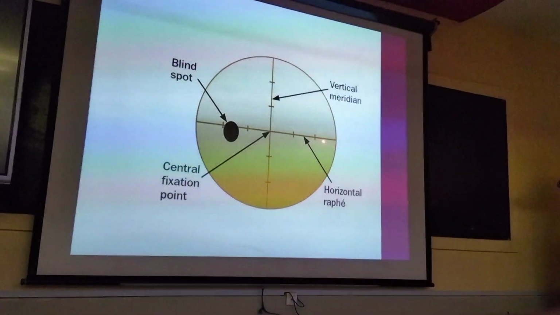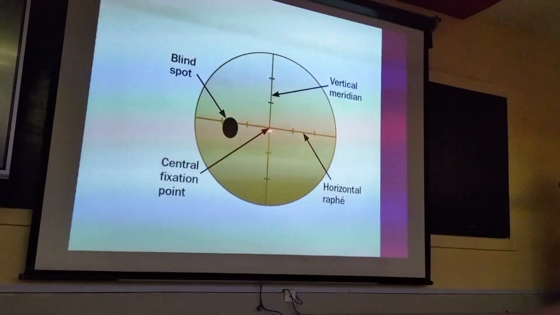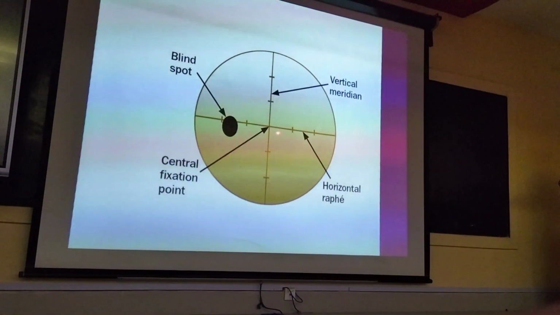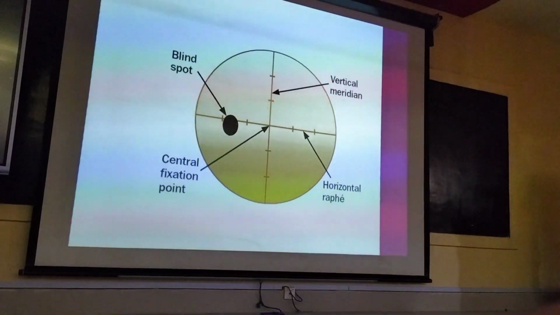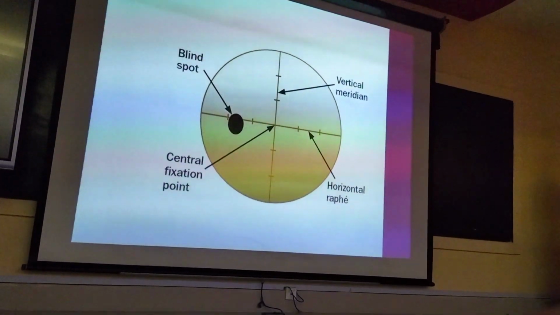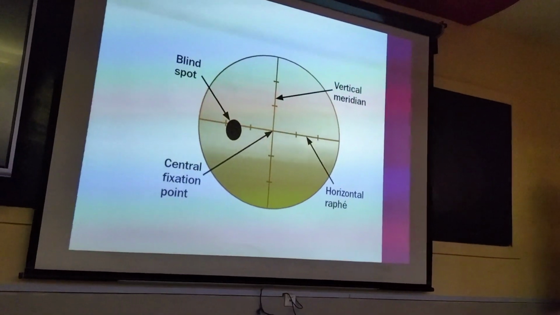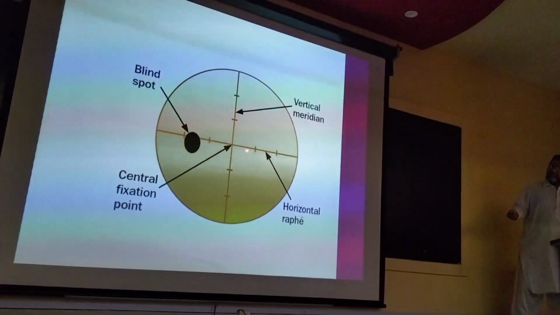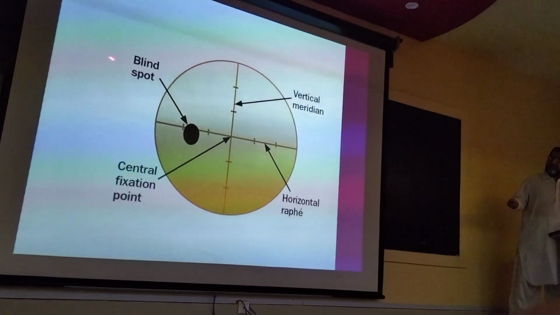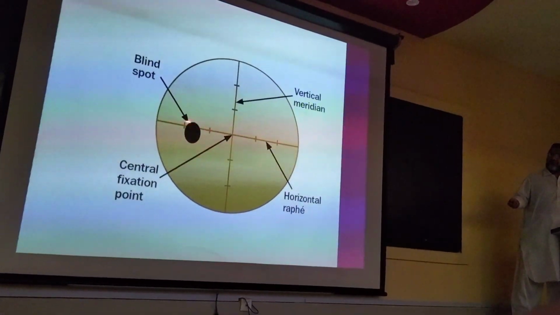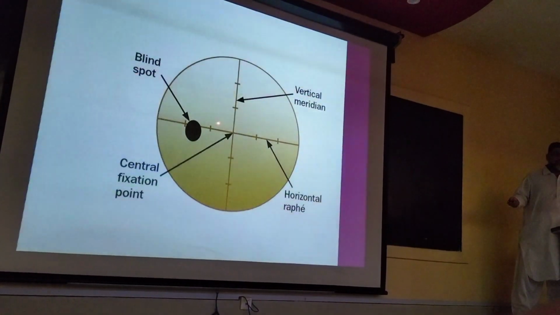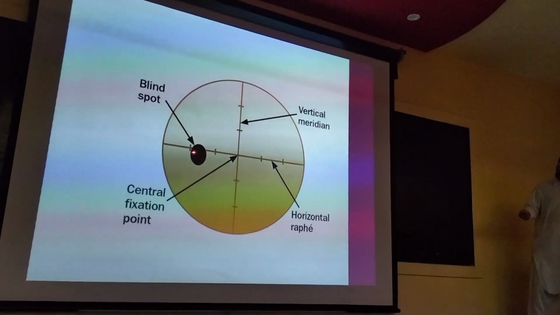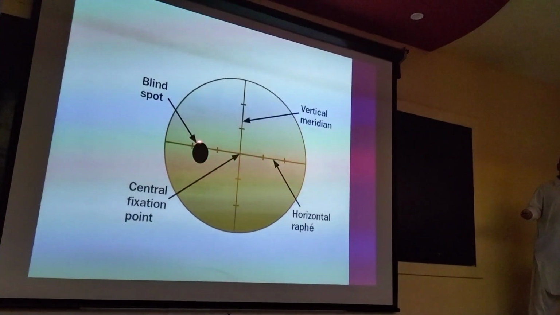Wherever both of these intersect each other is the central point of fixation. Just a little bit temporal to it is the physiological blind spot, which is situated more in the inferior part as compared to the superior.